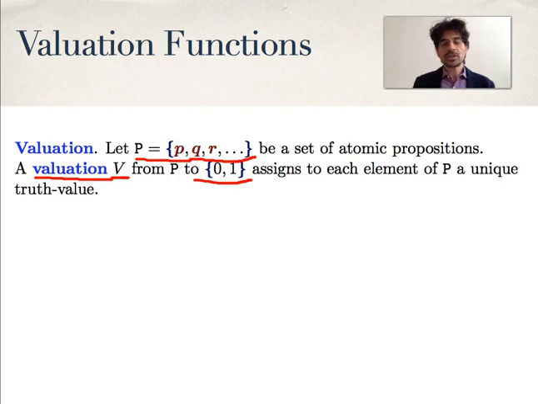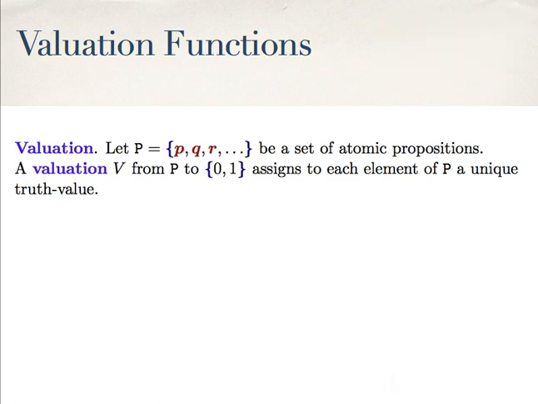So in other words, what a valuation function does is give every atomic proposition a truth value. A truth value 0 is typically analogous to the truth value false, and the truth value 1 is typically analogous to the truth value true.